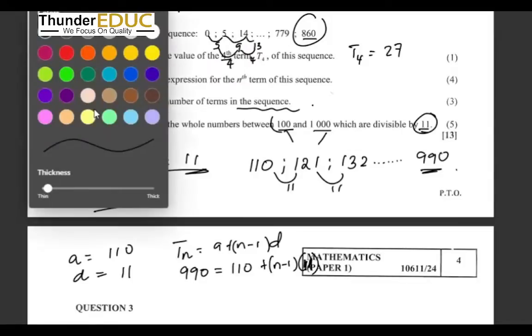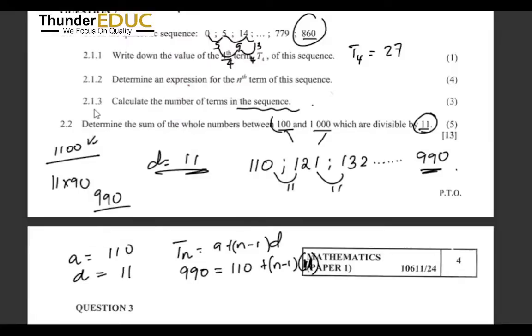When we move that aside, it's going to give us 880. Divide it by 11 so that I have n minus 1. 880 divided by 11, I end up with 80. And then when I add 1, I end up with 81 terms.